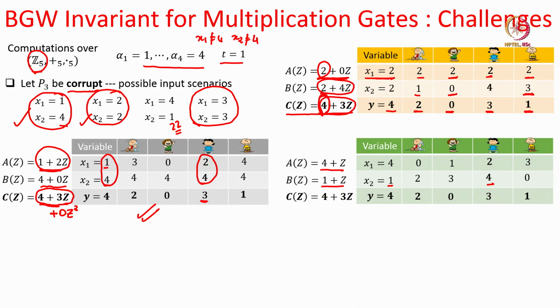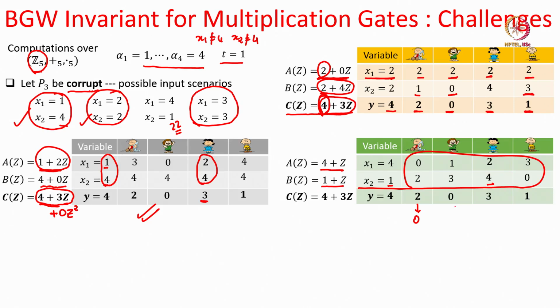But now you can see that if these are the shares of x1 and x2, then that will not lead to the shares of y being 2, 3 and 1, because if P1's shares for x1 was 0 and for x2 was 2, then P1 should have made the share 0 public for the value y.